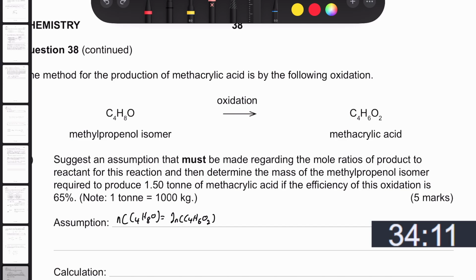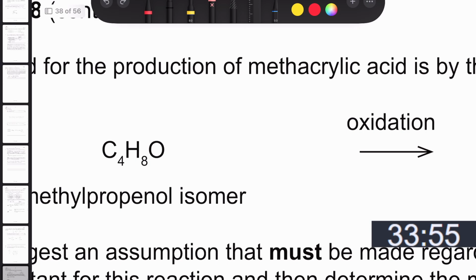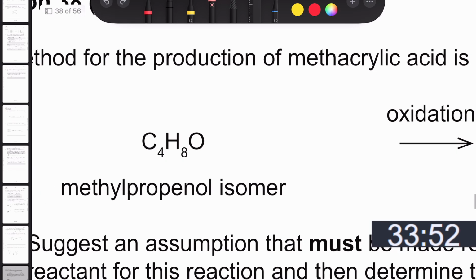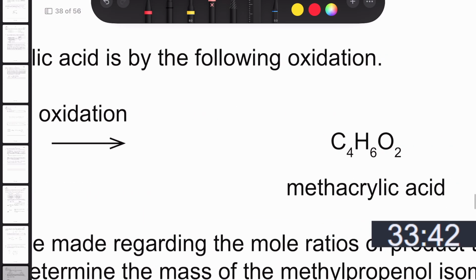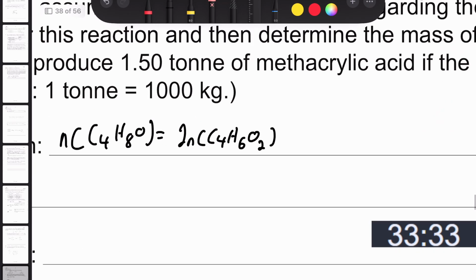The efficiency of this oxidation is 65%. Methylpropanol, and then it becomes an O pretty much.